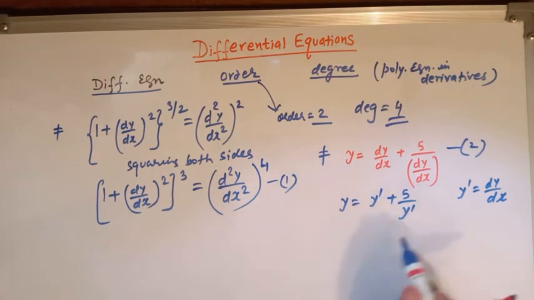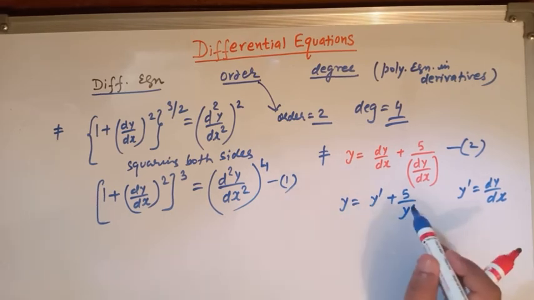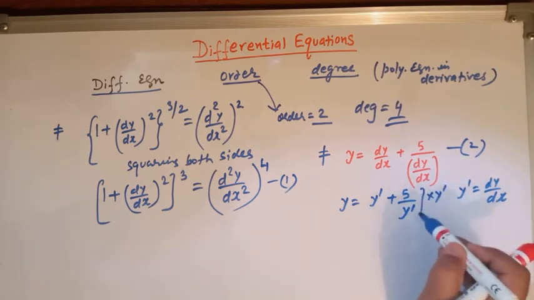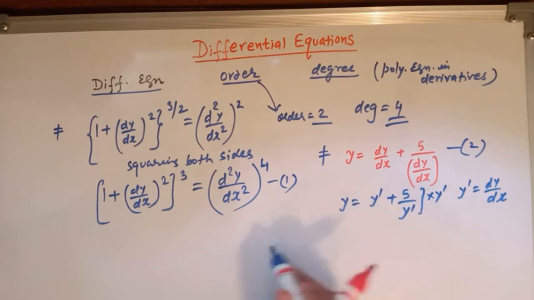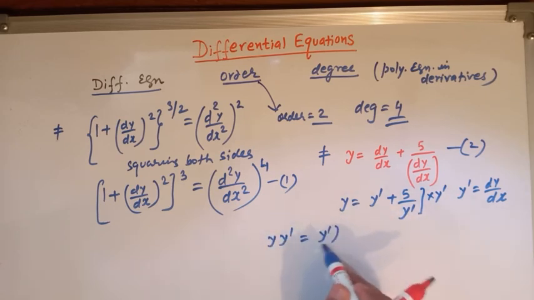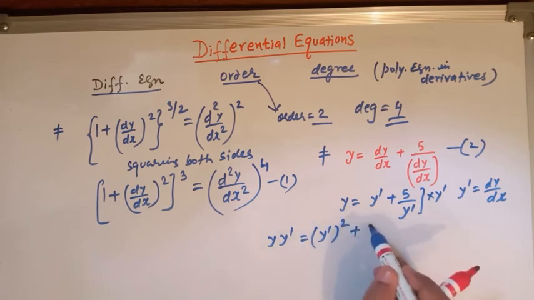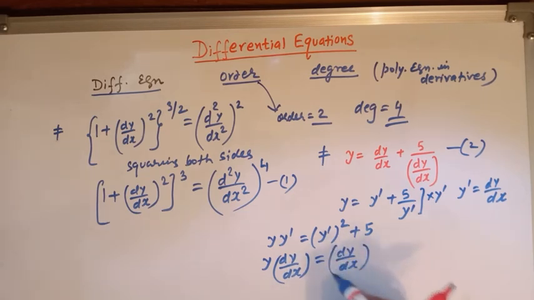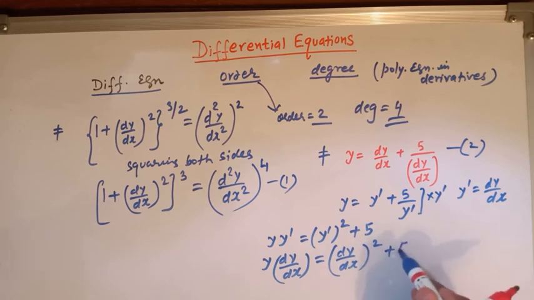So let us rearrange this equation by multiplying both sides by y prime. Clear? So if we multiply, we get y times y prime, and here we'll get y prime square, and this is plus 5. Clear? Now this equation can be written as y times dy over dx, and this can be written as dy over dx whole square plus 5.